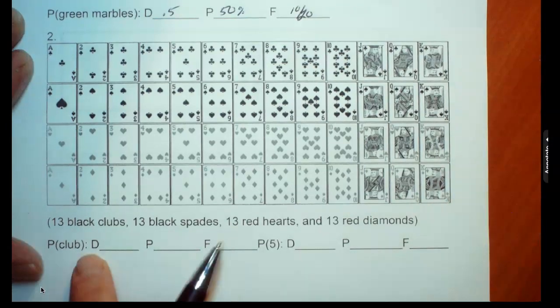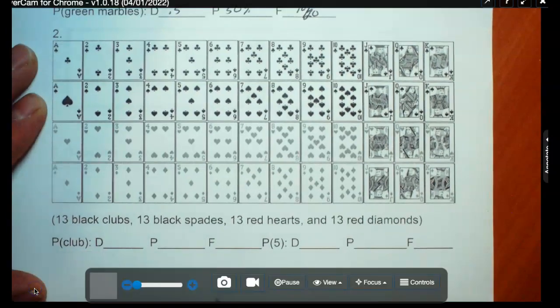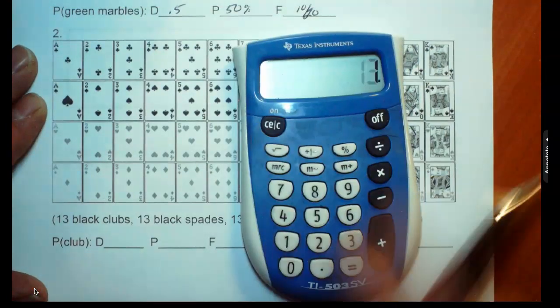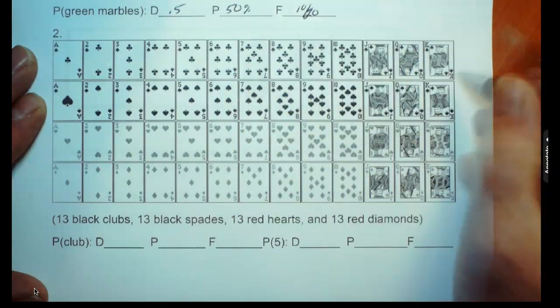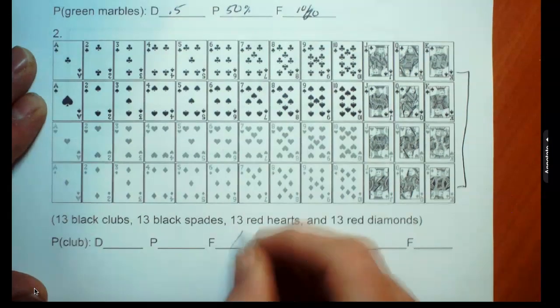All right, what's the probability of getting a club? Well, we'll take the 13 times 4. So there's our 52. So all of these cards together are 52. So I'm going to go over my fraction. We have 52 here.